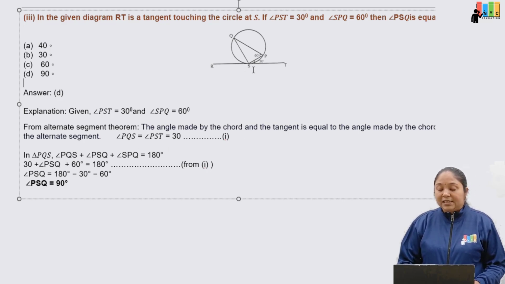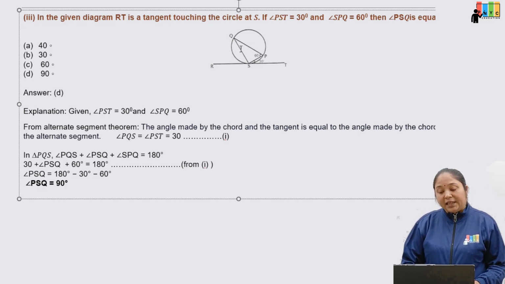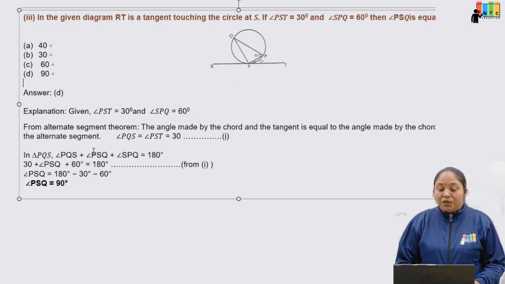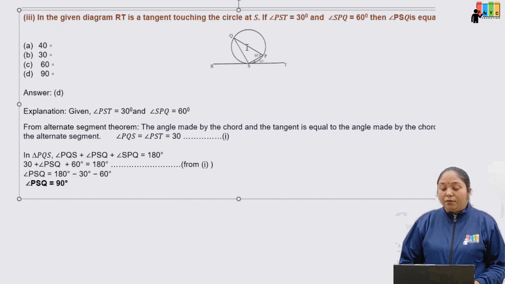Now let's consider this triangle PQS. In this triangle, we know angle P is 60 degrees, angle Q is 30. Definitely we can find out angle S, that is PSQ. So addition of three angles of the triangle is equal to 180 degrees.